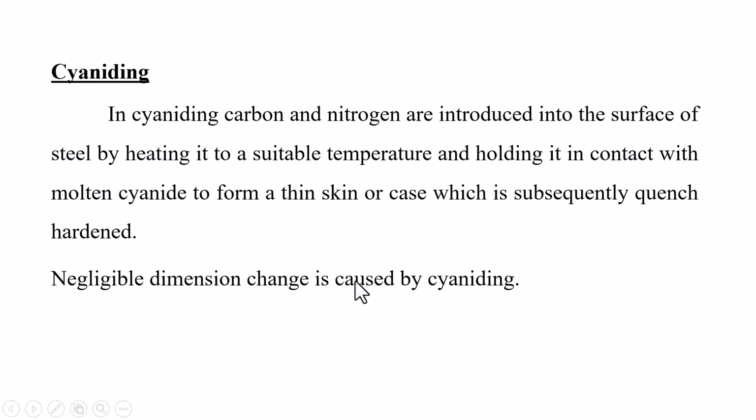Negligible dimensional change is caused by cyaniding. So we are adding carbon and nitrogen into the surface, and the dimensional change is negligible. Quench hardened means after cyaniding we quench the component.